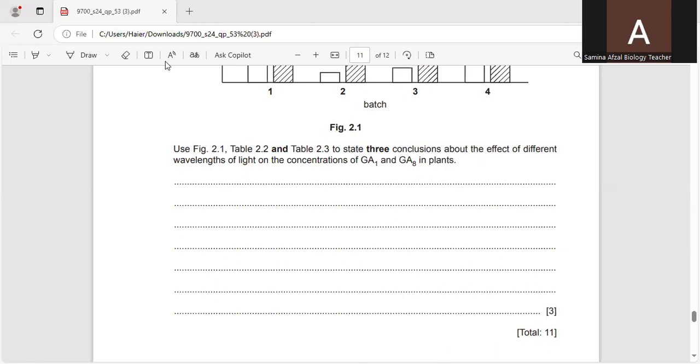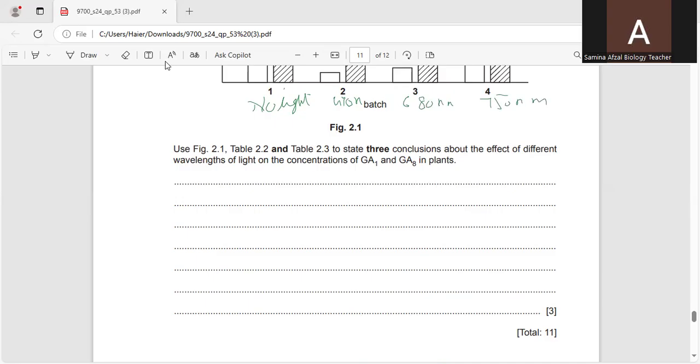So here you can see there was no light, the light was 470 nanometer, 680 nanometer, and 750 nanometer.